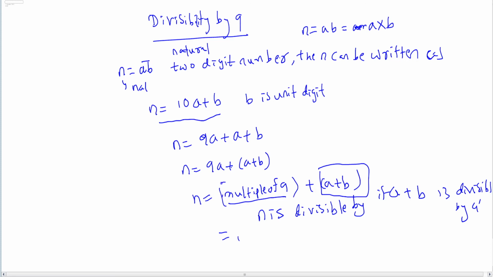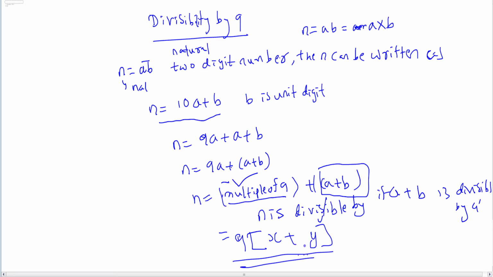Here definitely 9 will come as a common. In order to take a common like this, 9 into something x, call this one y. If this sum is divisible by 9, then the entire number is going to be divisible by 9 again.